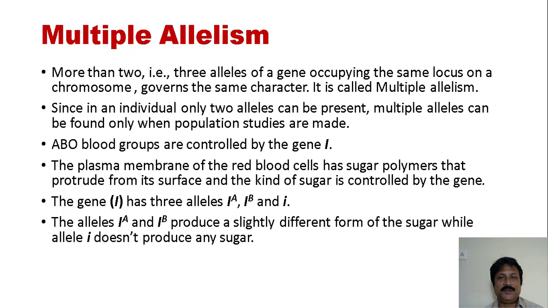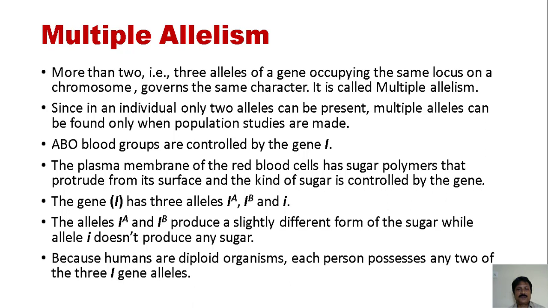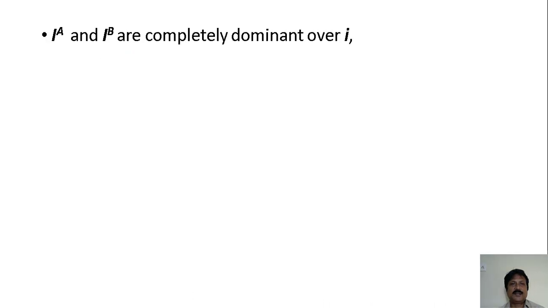IA and IB produce slightly different forms of the sugar, while small i doesn't produce any sugar. Since human beings are diploid organisms, every person can possess any two of the three I gene alleles. IA and IB are completely dominant over small i.